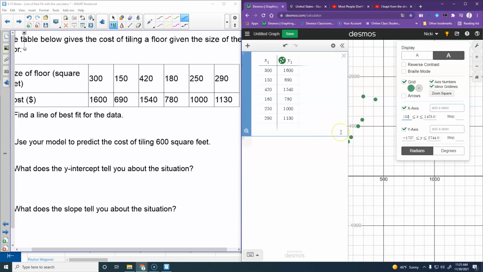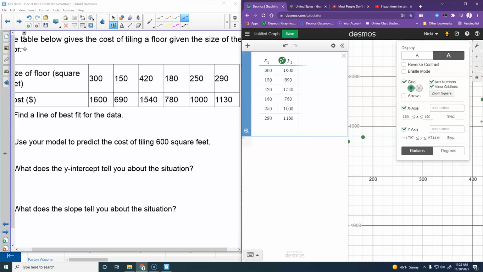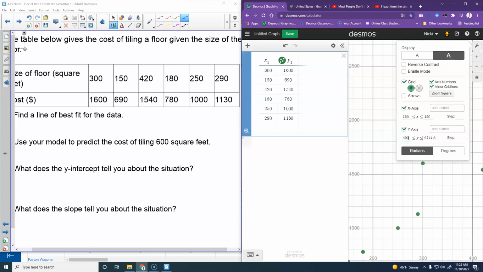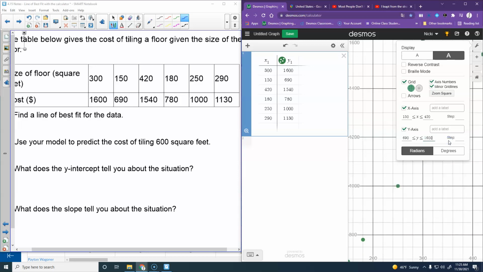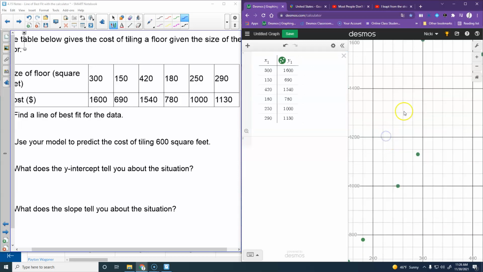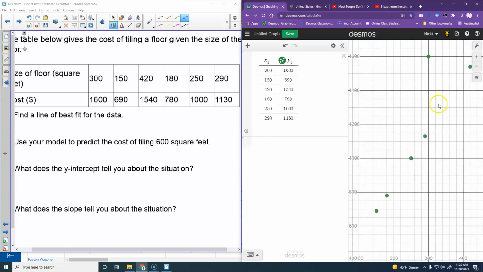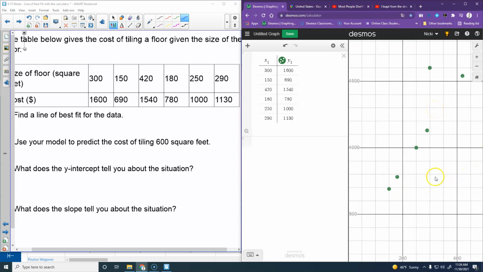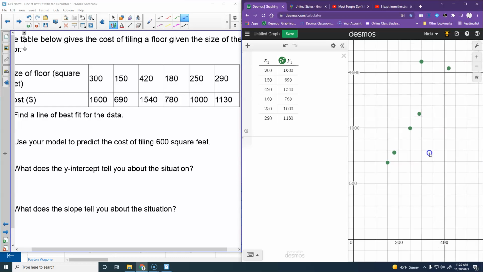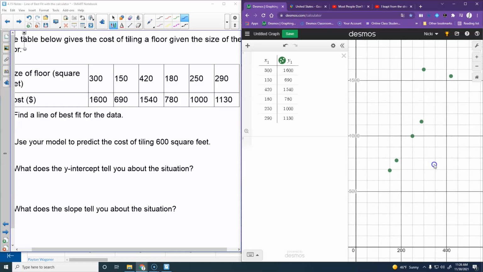What's our highest X? 420. What's our lowest Y? 690. What's our highest Y? 1600. Now, when you graph this, you want to zoom out a little bit after doing that. But that should give you a pretty good picture there.